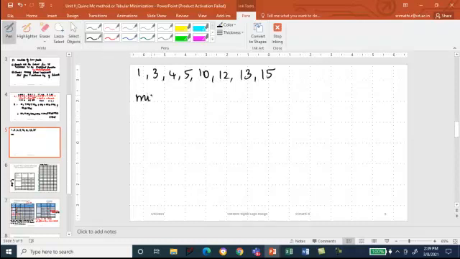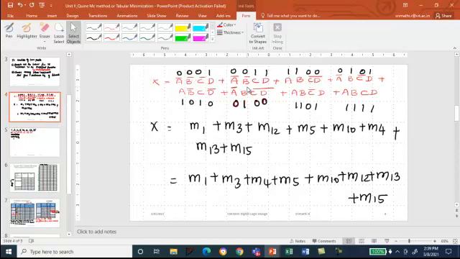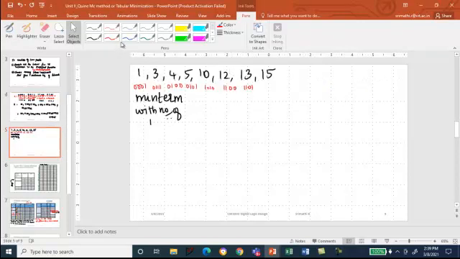The first thing is minterms with number of ones. So 1 is 0 0 0 1, 3 is 0 0 1 1, 5 is 0 1 0 1, 4 is 0 1 0 0, 10 is 1 0 1 0, 12 is 1 1 0 0, 13 is 1 1 0 1, and 15 is 1 1 1 1.